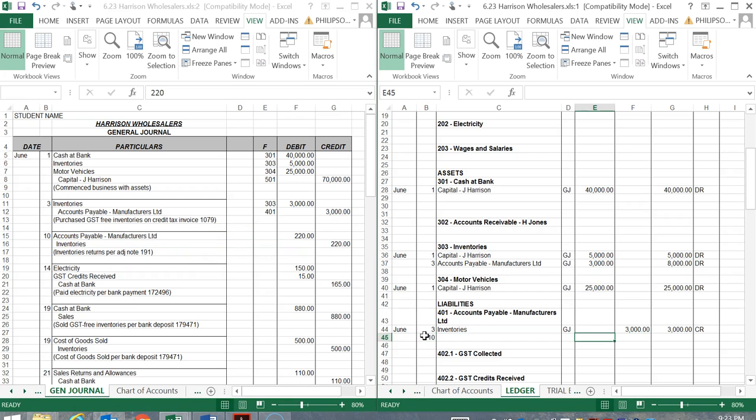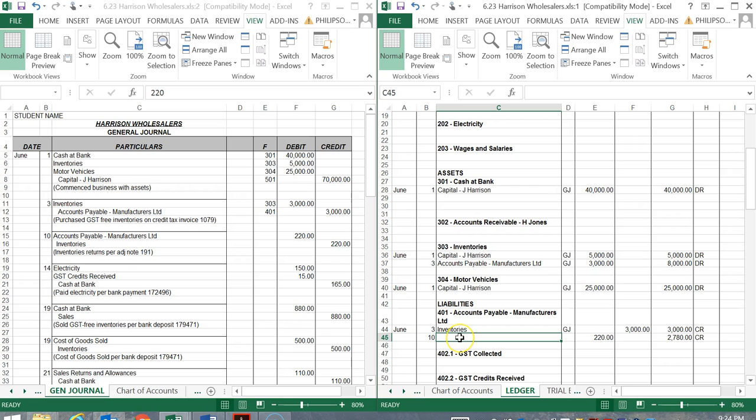Since our existing balance is 3,000 credit, and we've returned some stuff, when we're reducing the balance we're subtracting that 220. So it equals 3,000 credit minus the 220 debit, but we still owe Manufacturers Limited 2,780. It's still a positive liability. It's still a credit.